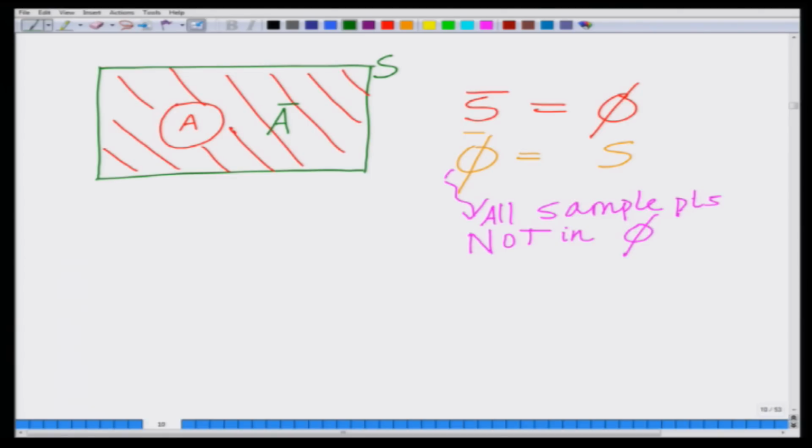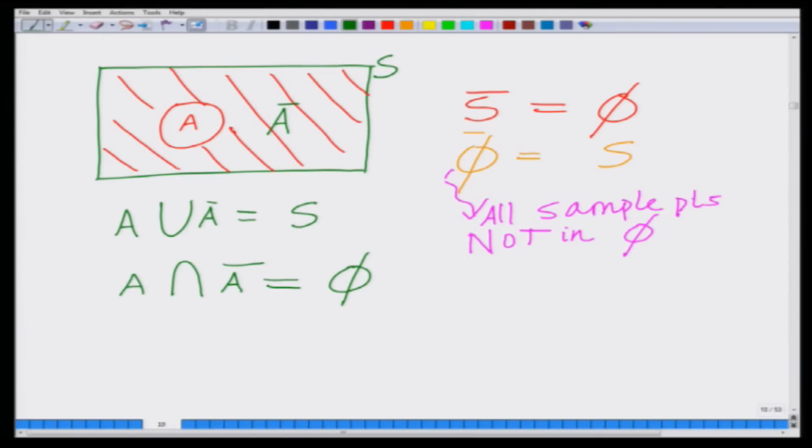Look at this: A complement contains all the elements in S that are not in A, therefore, naturally A union A complement is the sample space S. Further, A and A complement do not have any elements in common, therefore, A intersection A complement is the empty set phi, correct.